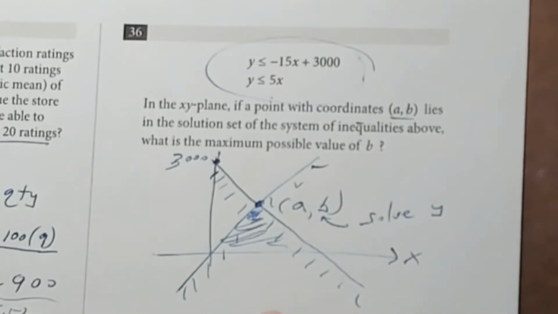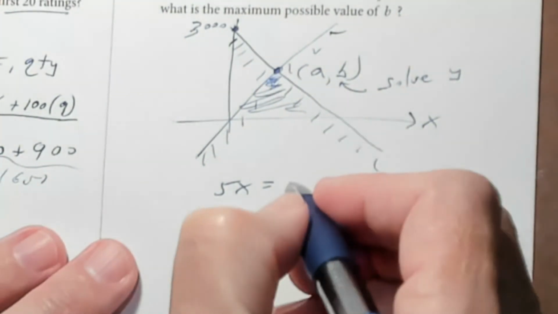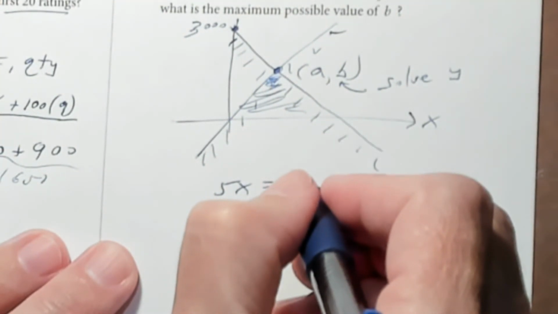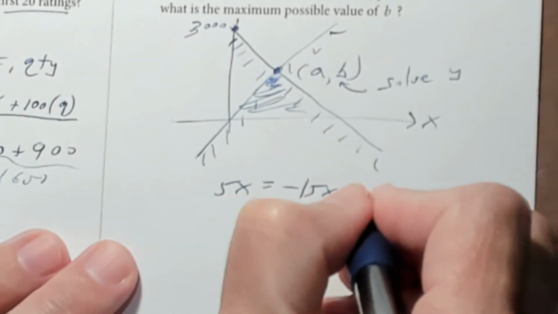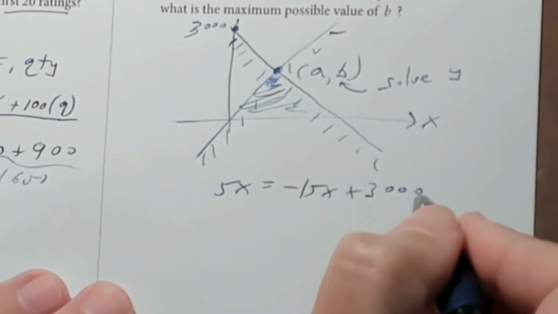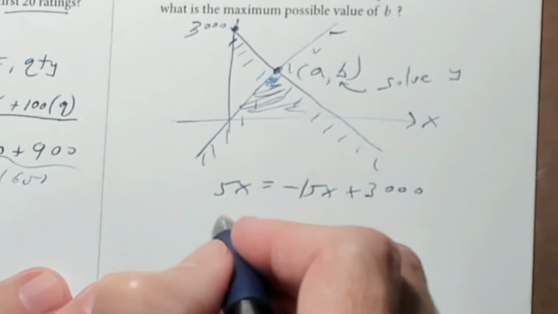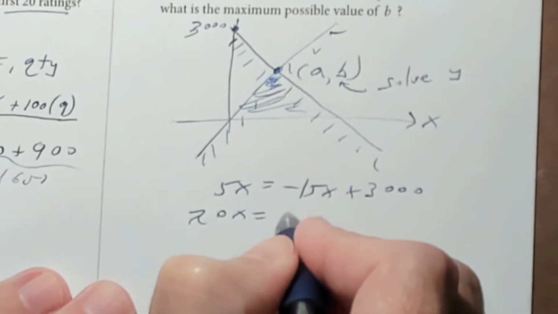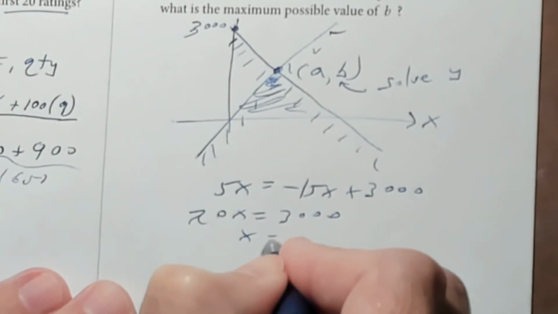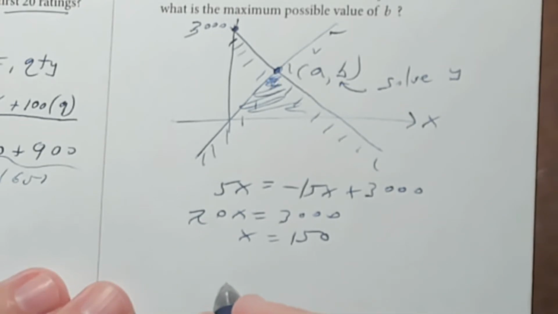So 5x equals negative 15x plus 3,000. And then what? So 20x equals 3,000. X equals 150.